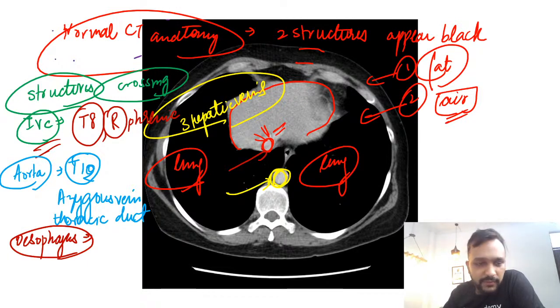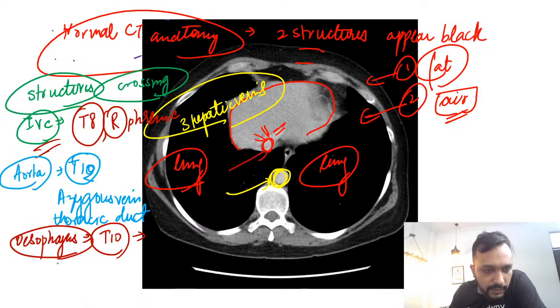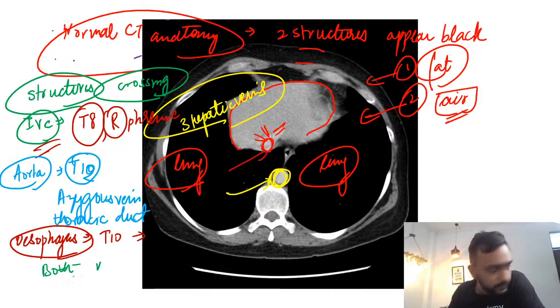Very good, Nisha. Your esophagus is going to cross the diaphragm at T10 vertebral level, along with both the vagus nerves. So guys, these are the various structures which are going to cross the diaphragm.